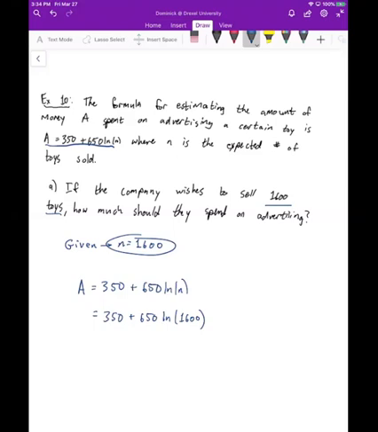We get that A is roughly equal to $5,145.54. We'll round to 2 decimal places here since we're talking money. So if they want to sell 1,600 toys, they should expect to spend about $5,145.54 on advertising, at least based on this model.